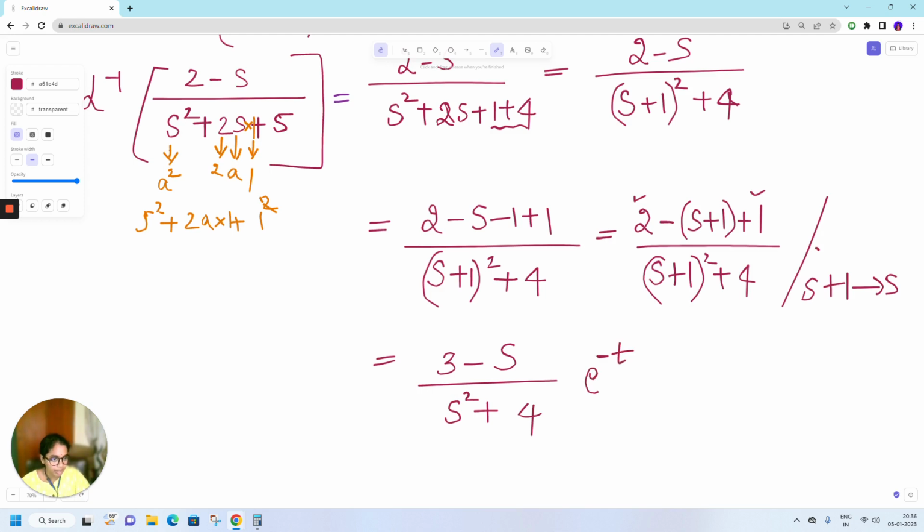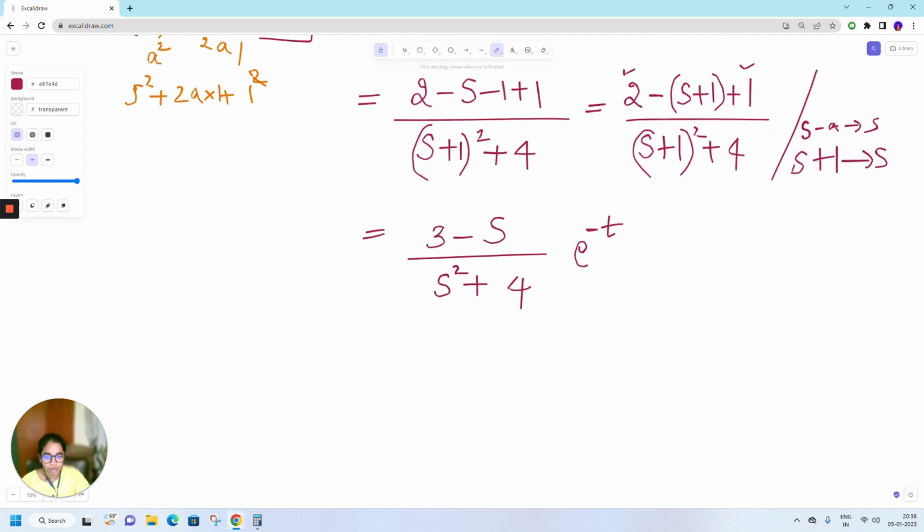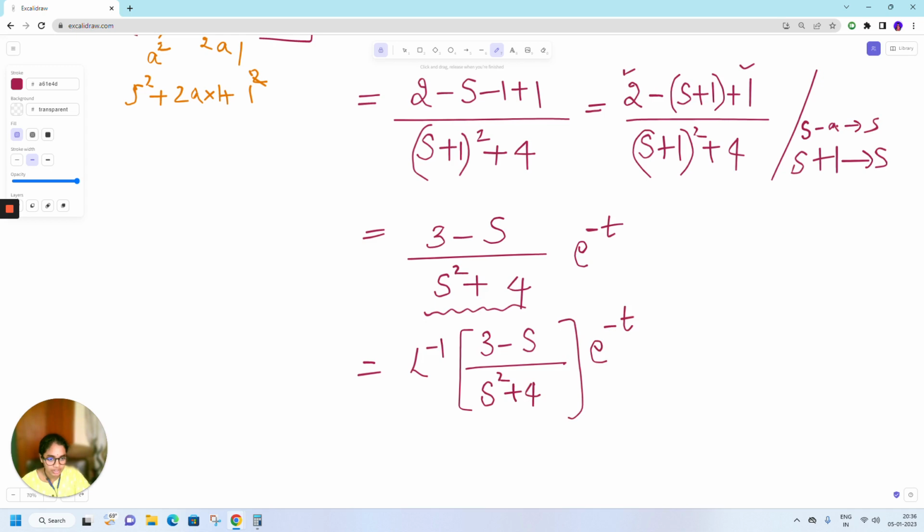Why? Compare. We are replacing s minus a with s, right? In place of a, I have minus 1. What should we do now? This is our f of s. We should find Laplace inverse of f of s, that is 3 minus s divided by s square plus 4 into e power minus t.